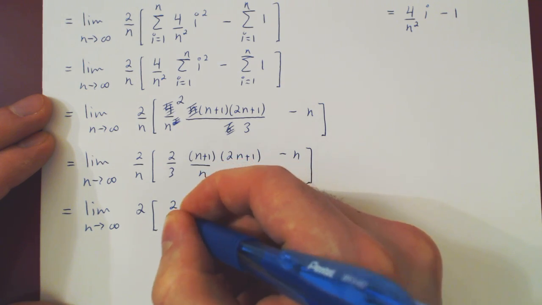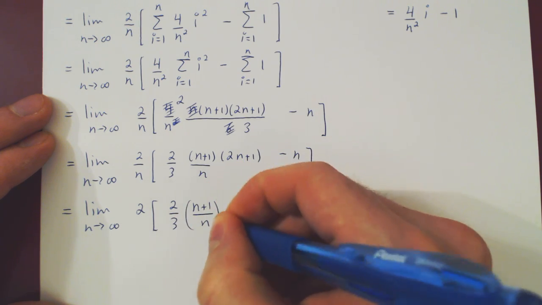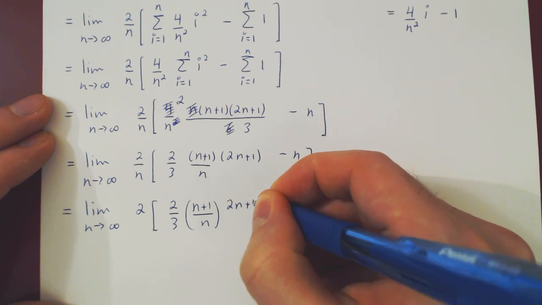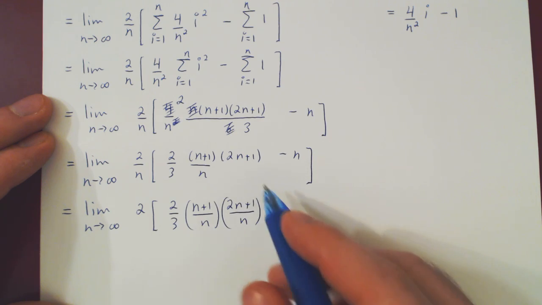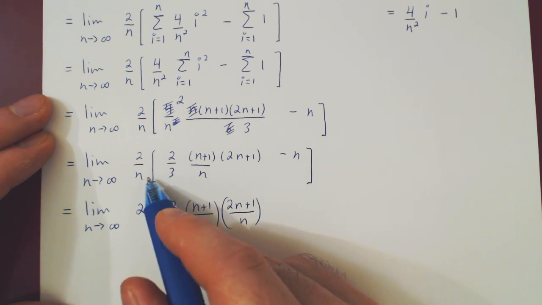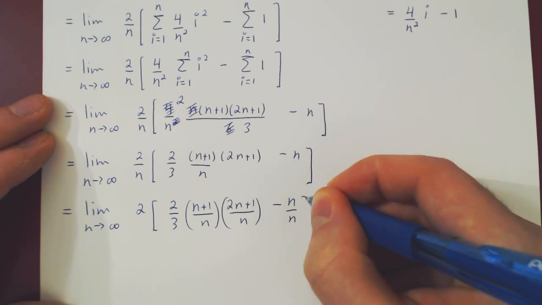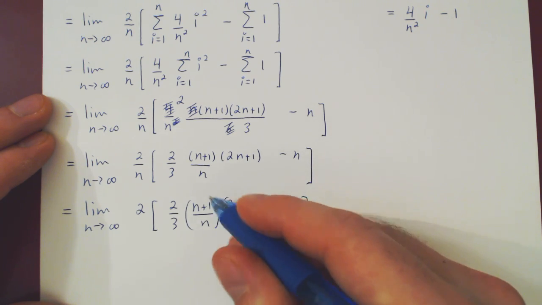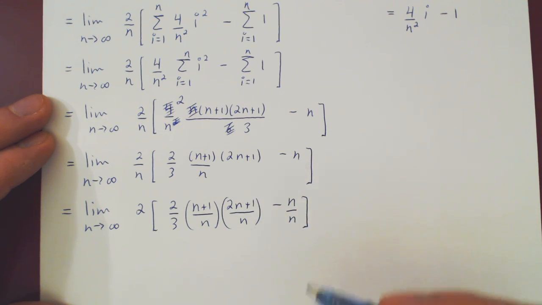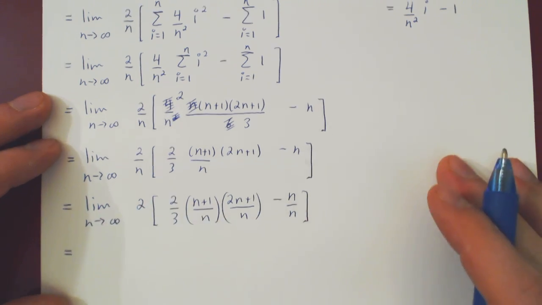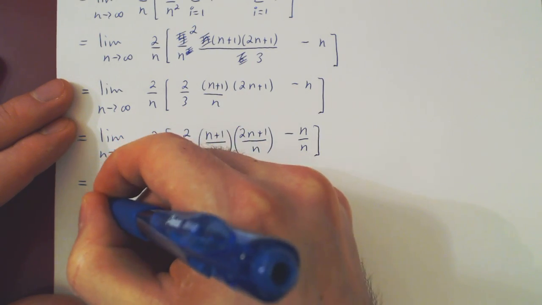So we'll have 2/3 times n plus 1 over n times 2n plus 1 over n, coming from the over n here, but we multiply everything by 1 over n, so this will be minus n over n. And now we will divide each term, n plus 1, 2n plus 1, n by the n, and we'll have then a trivial limit.